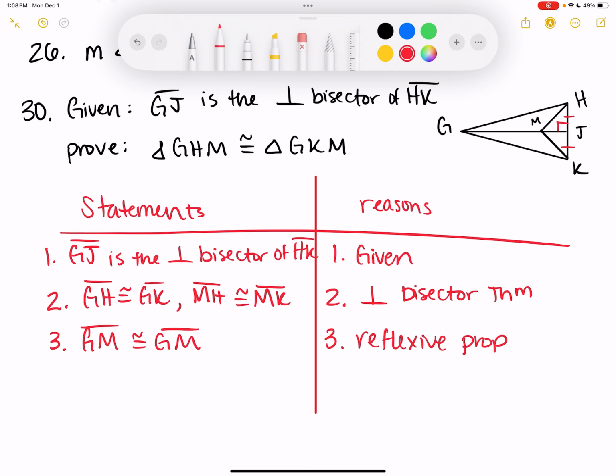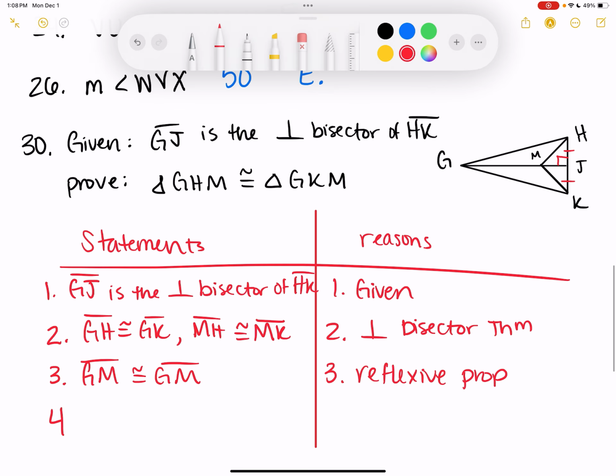All right, now, obviously, I could say that GJ is congruent to GJ. However, I'm trying to show that GHM is congruent to GKM. So I don't need this bottom part of this down here, right? I just need GM for this side length here. So that's why we just did GM instead of GJ. So then I have said that GH is congruent to GK, so I'm going to mark that.